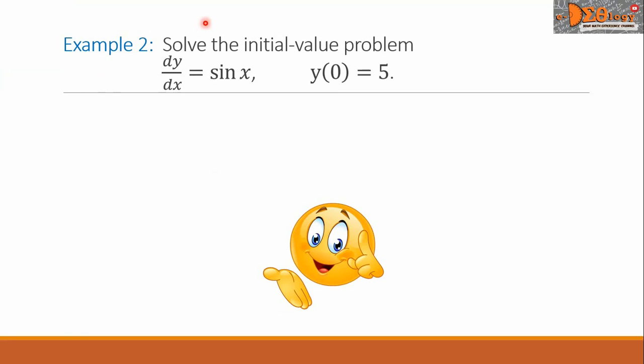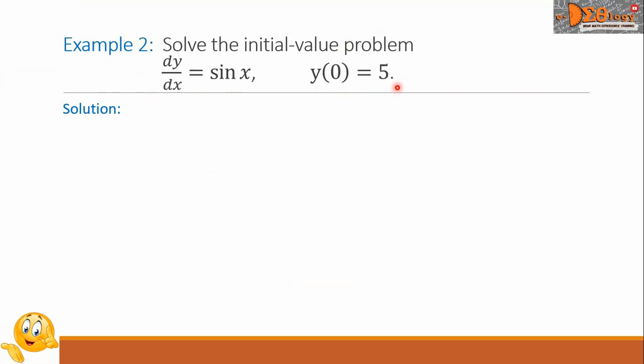Example 2. Solve the initial value problem dy over dx equals sine x, and this initial condition y of 0 equals 5. For our solution, we can have the shortcut of y equals the integral of this function sine x, then dx.